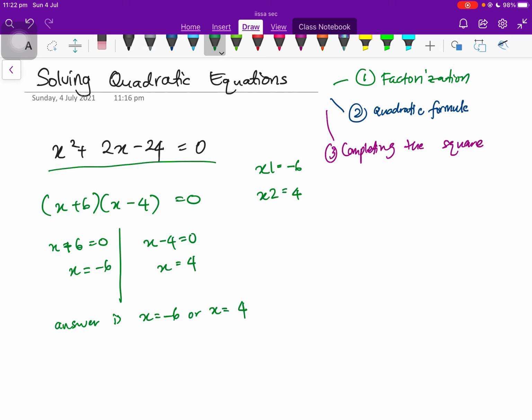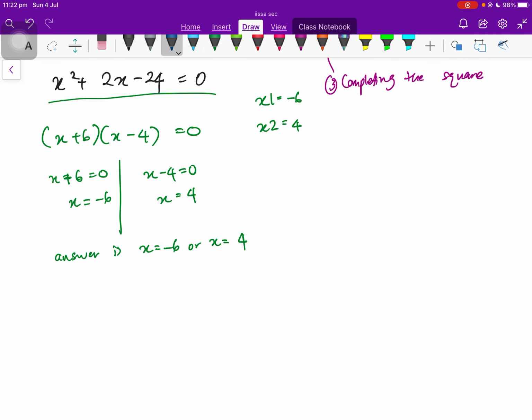Now, I would like to introduce a new method of solving the quadratic equation, which is the quadratic formula. You can just use the quadratic formula to solve any equation, but first we always need to express the equation in the form ax squared plus bx plus c equals 0.